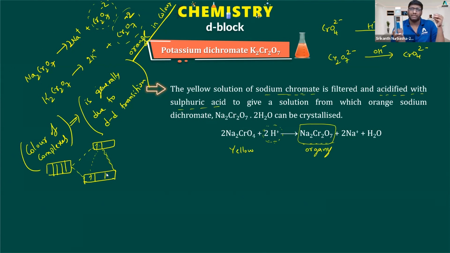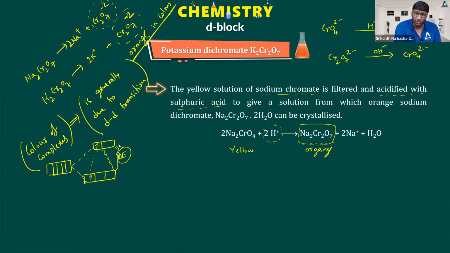Can I say every radiation will be absorbed by the electron, or only some part? Only some part. Which part will be absorbed? The energy difference, delta E, only this part will be absorbed.